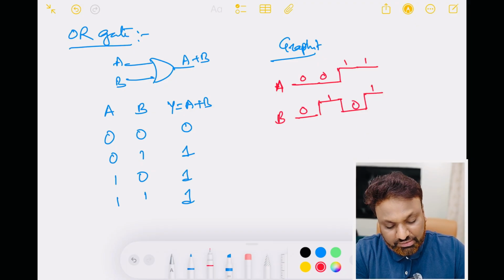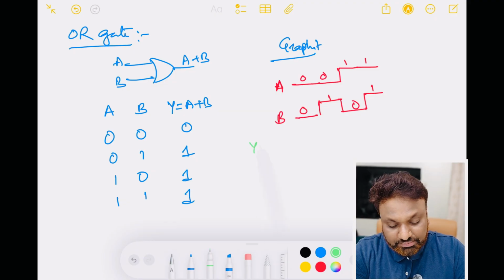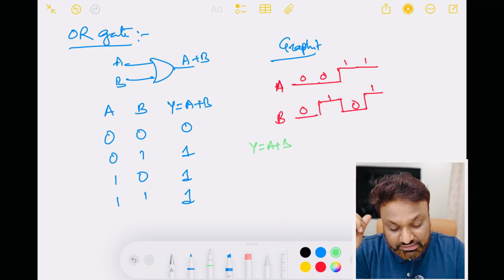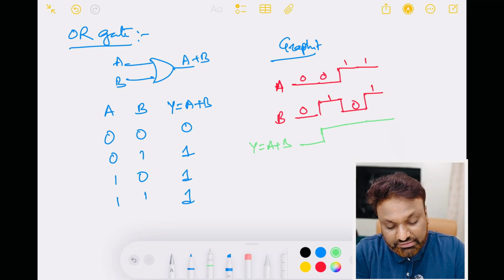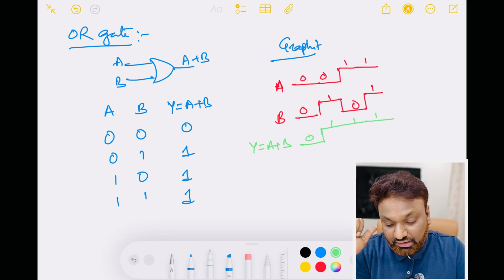Okay, what will be my output? My output will be Y is equal to A plus B. Okay, 0 plus 0 is 0, 0 plus 1 is 1, 1 plus 0 is 1, and 1 plus 1 is also 1. Okay, this is 0, 1, 1, 1. So 0, 1, 1, 1 is my output for an OR gate.